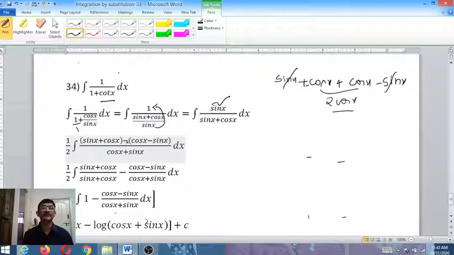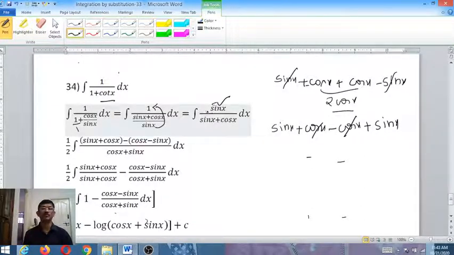So we write minus here. If you multiply by the minus here, what do we get? This is sin x plus cos x, minus into plus minus, so it is minus cos x, again minus into minus plus sin x. So you can cancel these two. So you get 2 sin x divided by 2, you will get sin x.